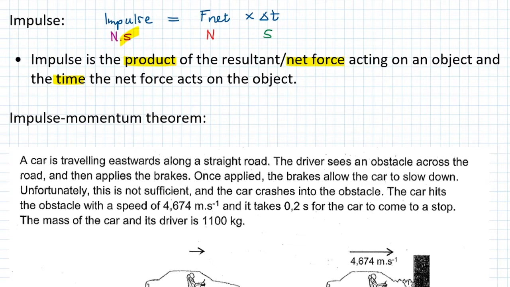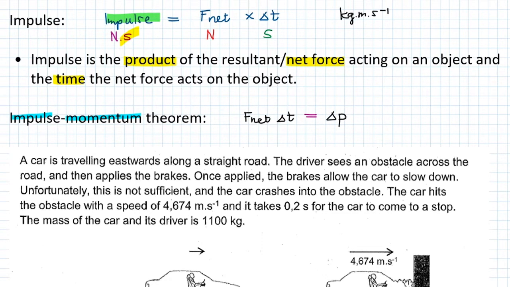Soon you're going to learn, using the impulse-momentum theorem, that we can also measure impulse in kilograms meter per second, because there is a relationship between impulse and momentum. This relationship is called the impulse-momentum theorem, and in symbol form it says the net force multiplied by the change in time, this of course is the impulse, is equal to an object's change in momentum.